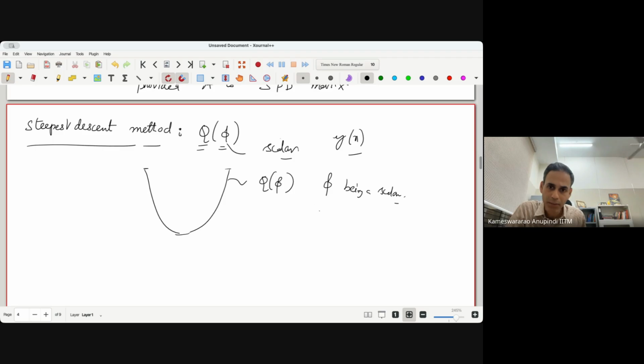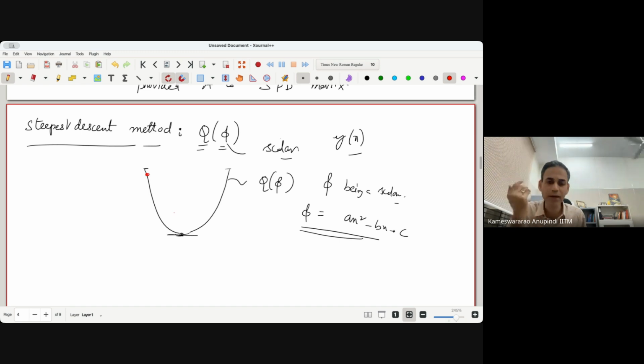Because what I have is basically half of phi transpose A phi, it comes out to be a x square minus b x plus c. That's all, right? So my matrix has become just a single number, one. Because I'm trying to solve for this point. How do I get to this point? I can get to it from anywhere here.